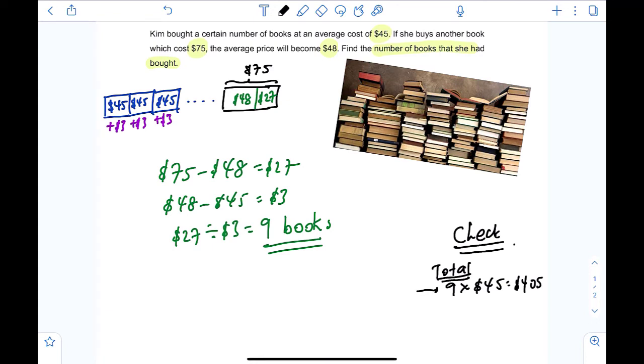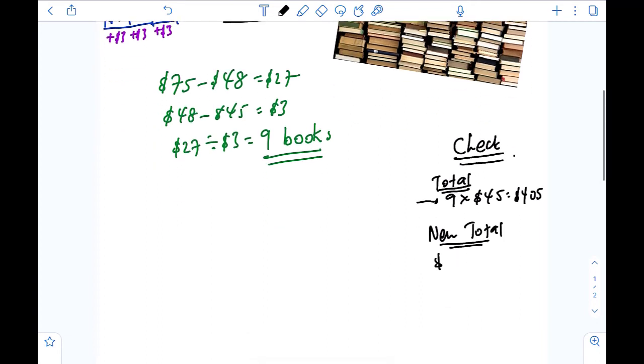Okay, and since there is this extra book that she wants to buy, which costs $75, the new total has to be 405 plus 75, $480.